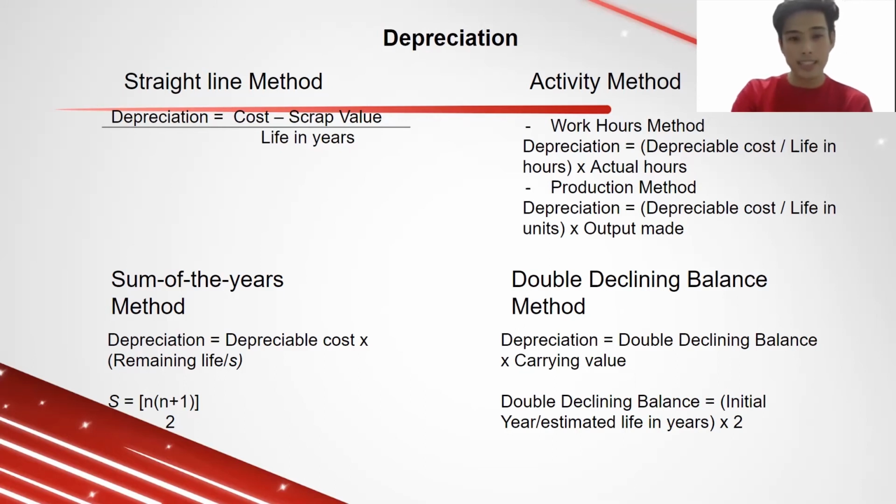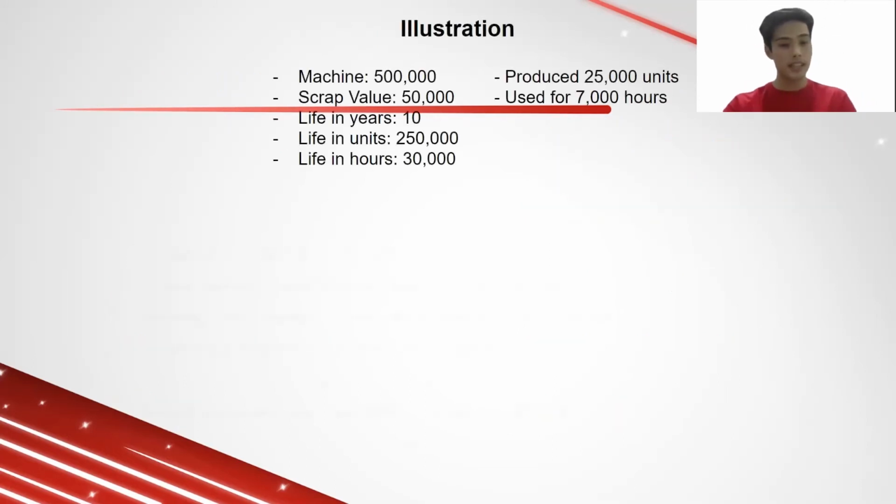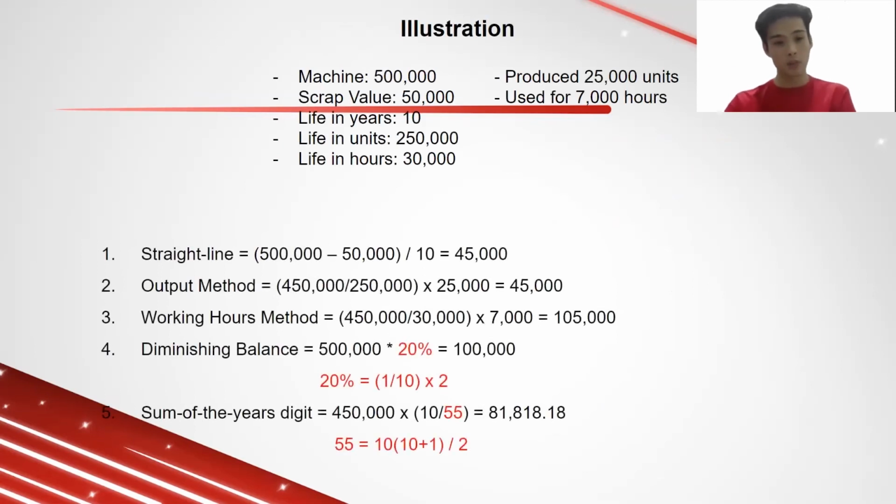Now, the next slide is an illustration or an example of solving it. We will be breezing right through the first 3 and only focusing on the latter 2 because the first 3 are much more straightforward, and you can always pause this video to see my wonderful calculation. Anyway, you get the declining balance, like I said, with the carrying value.